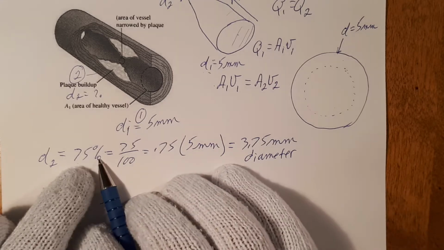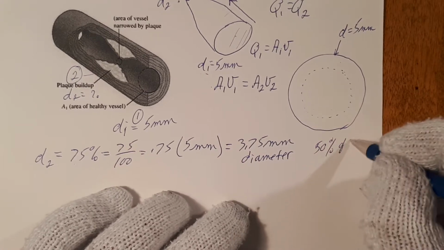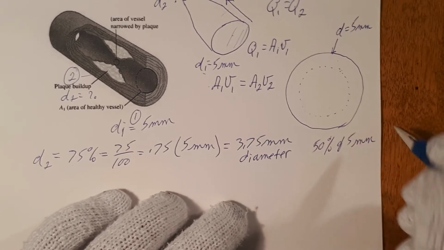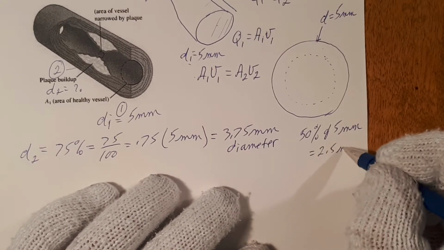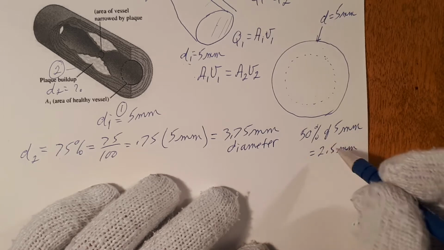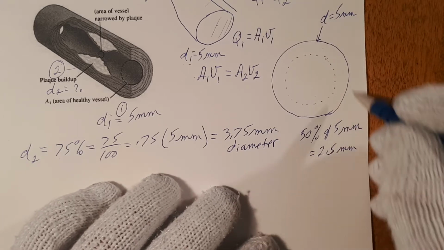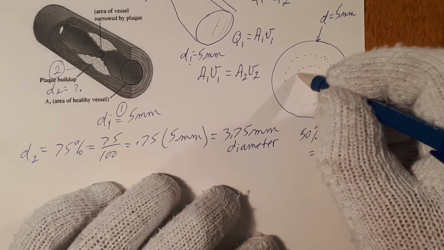Let's consider a 50% blockage. 50% of 5 millimeters is equal to 2.5 millimeters. So a 50% blockage ought to give me an opening in the center of 2.5 millimeters. If this is 3.75, 2.5 will be somewhere in here, half of it.